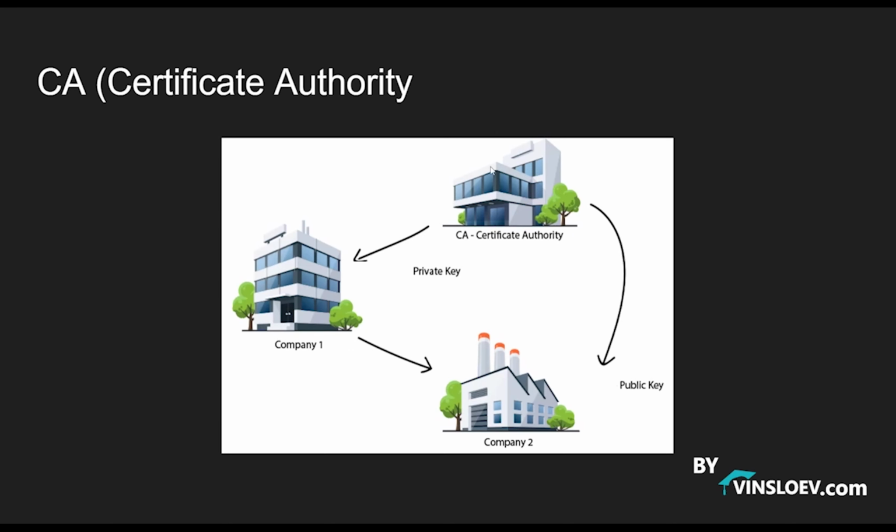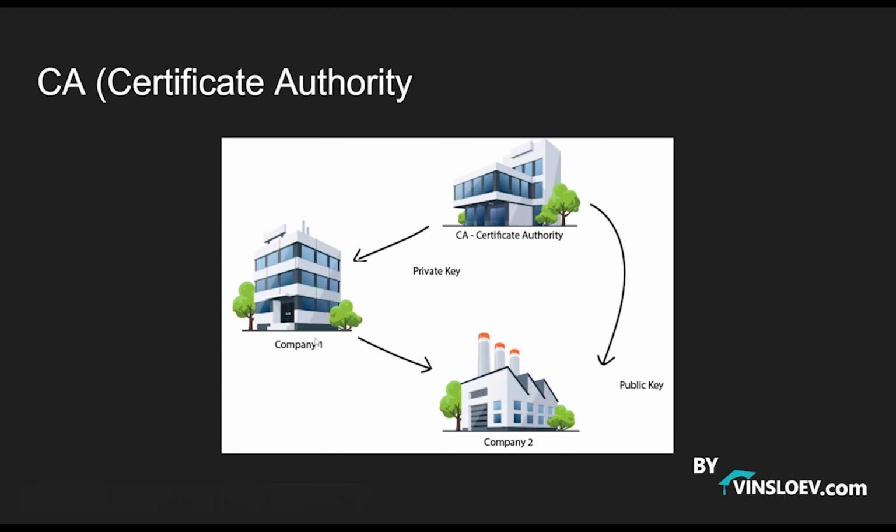But the important part is that the root or the root authority is one that all the parties within this network are trusting, because if they don't, then this entire PKI setup has no value.